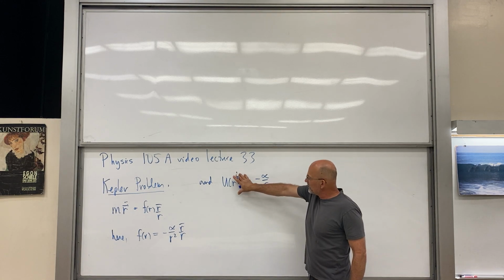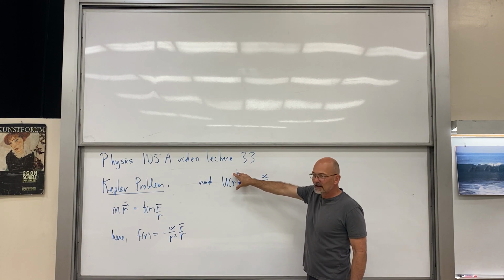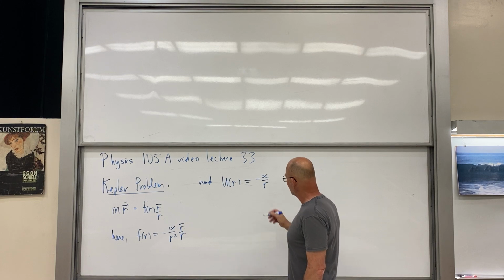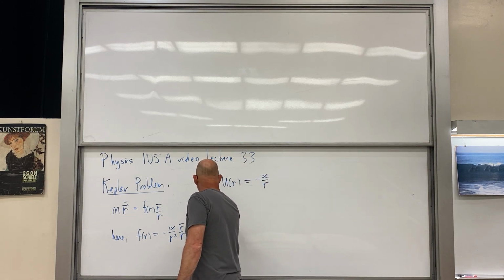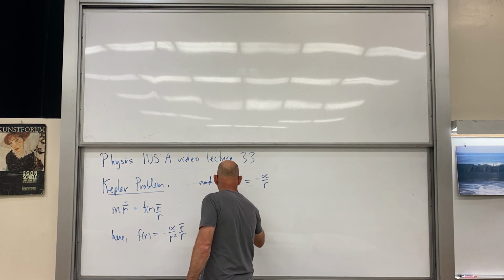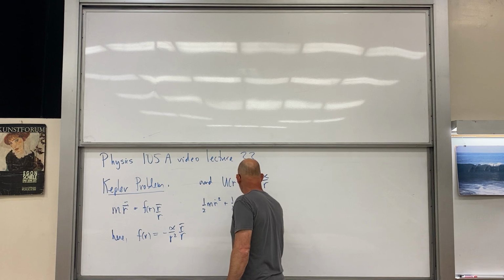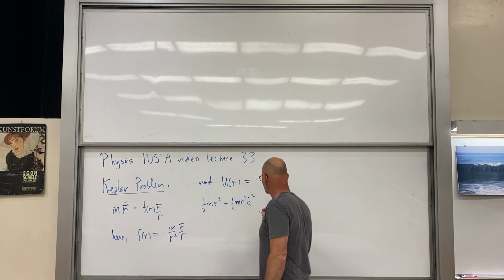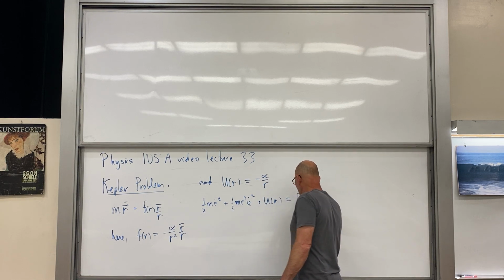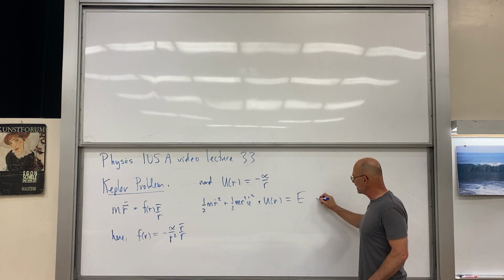Okay, with the potential energy, we had a conservation of energy. So I'm going to go ahead and write down the energy. We had 1/2 m r dot squared plus 1/2 m r squared phi dot squared plus U of r is equal to E. So we had conservation of energy.